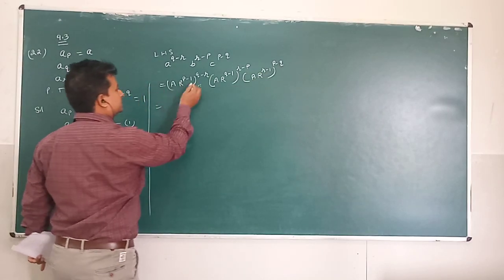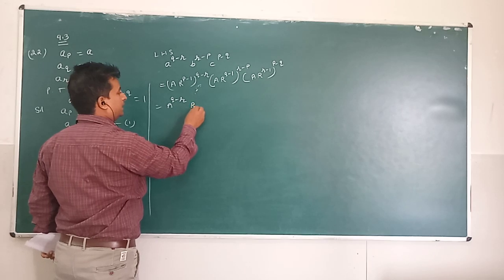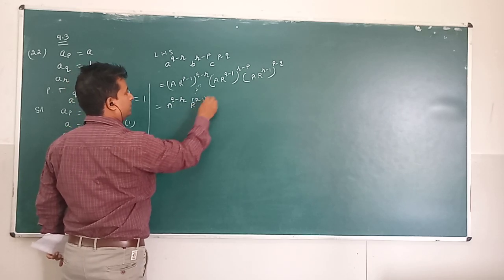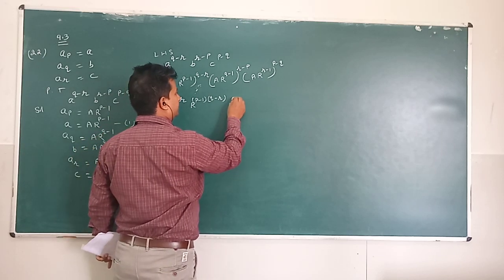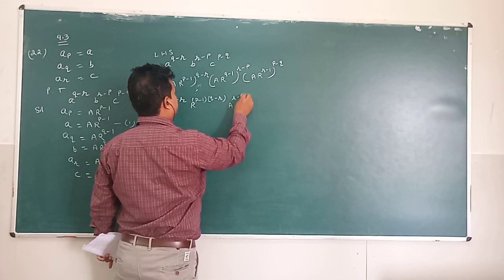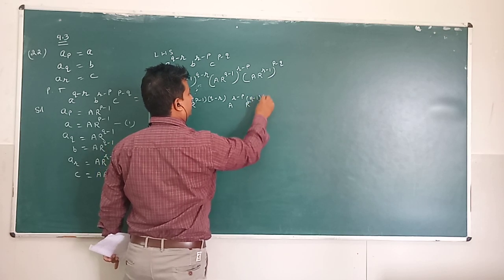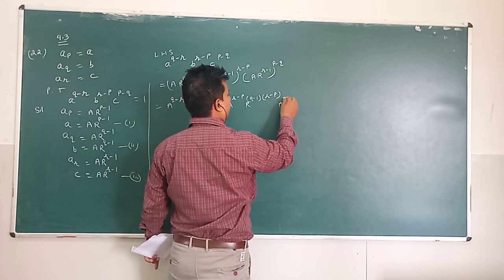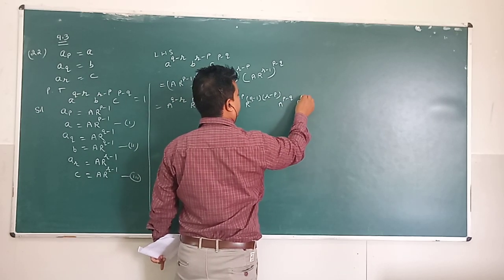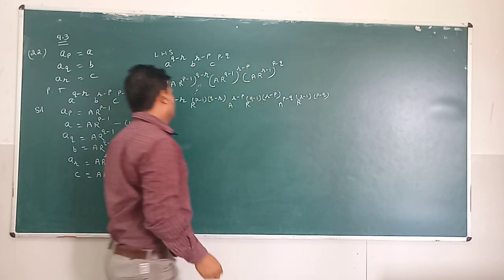So this is A^(q−r) R^((p−1)(q−r)) · A^(r−p) R^((q−1)(r−p)) · A^(p−q) R^((r−1)(p−q)).